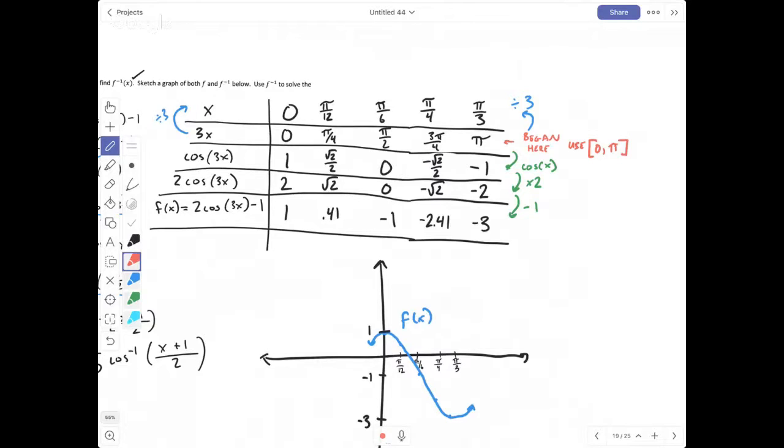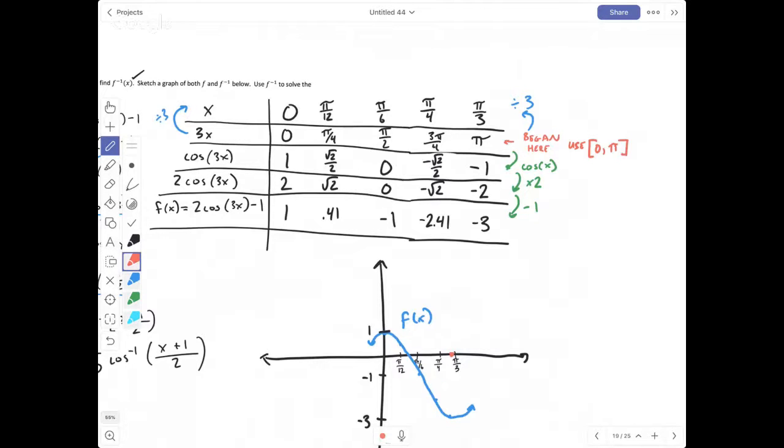I'm now going to graph in red the inverse function. So the inverse function uses the y values as inputs and the x values as outputs. The inverse will go from this input to this output. So I'm going to plot 1, 0. So let's see. 1 is like pi over 3, a little bit less, right? So 1, 0 is right about there.